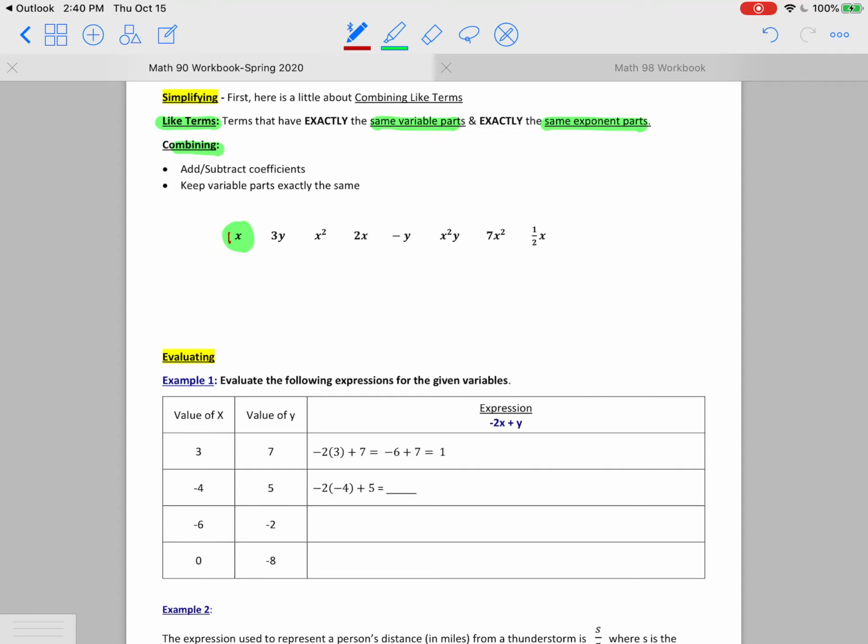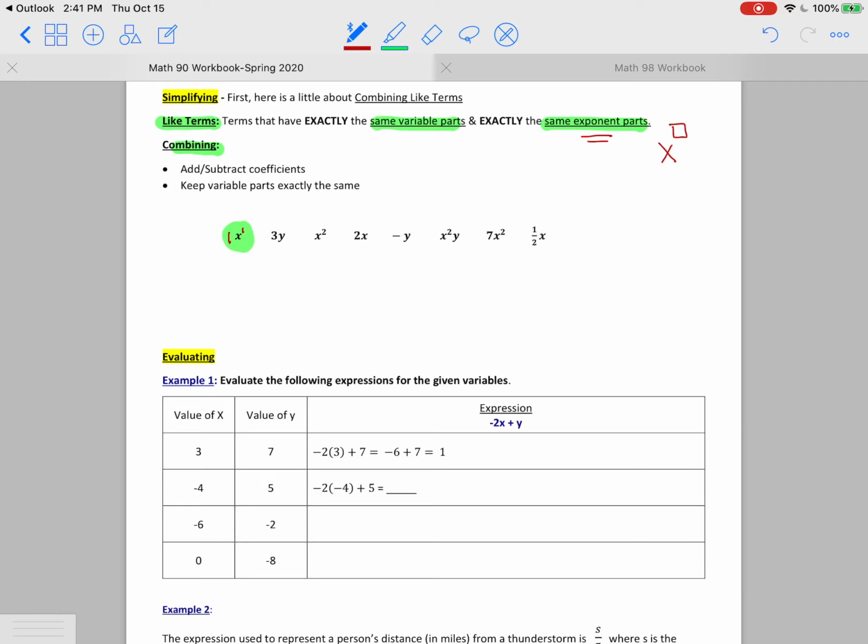We know that there's a 1 in front, but there's also a little 1 here as an exponent. Remember that the exponent parts have to be the same. And an exponent really just means the number that's sitting up here, we call it a power or an exponent. Like terms have exactly the same exponent part. So when we have an x just sitting here by itself, it is actually to the first power.